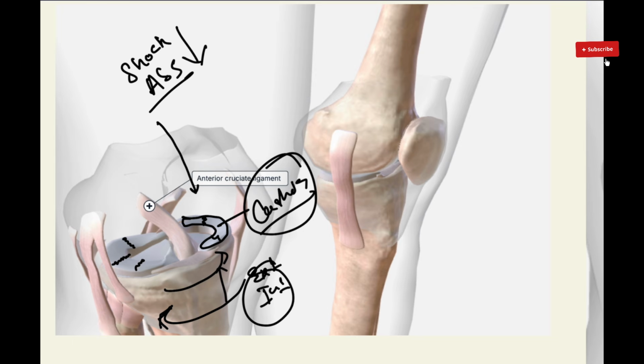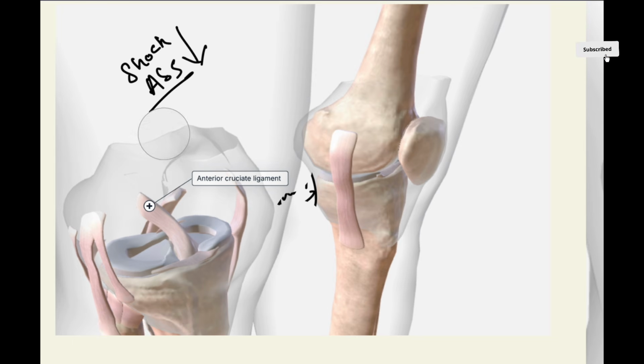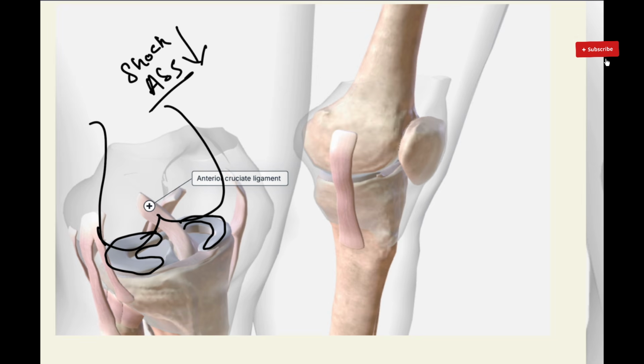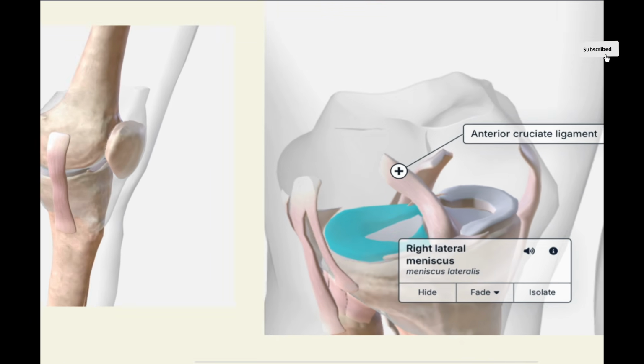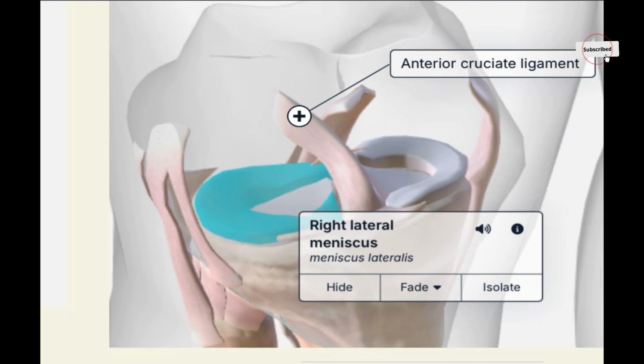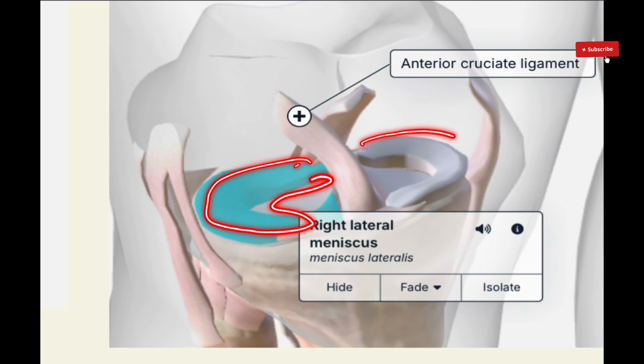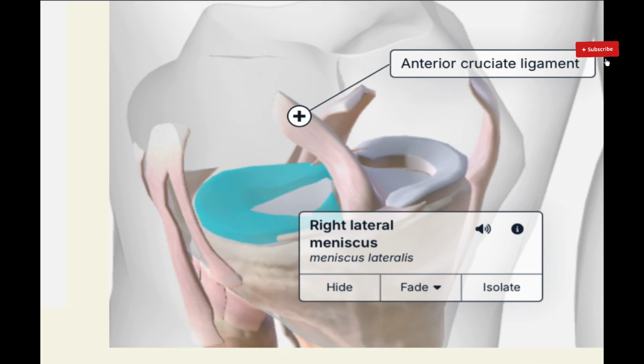Now again back to the menisci. This is your medial meniscus and this one is your lateral meniscus, and above this we have the femoral condyle. In this very detailed image, you can see your lateral meniscus and this is your medial meniscus.